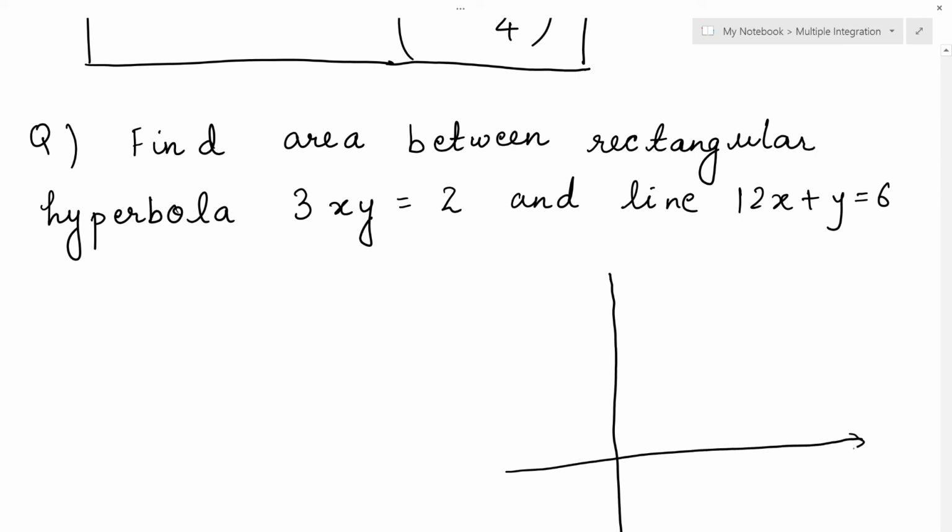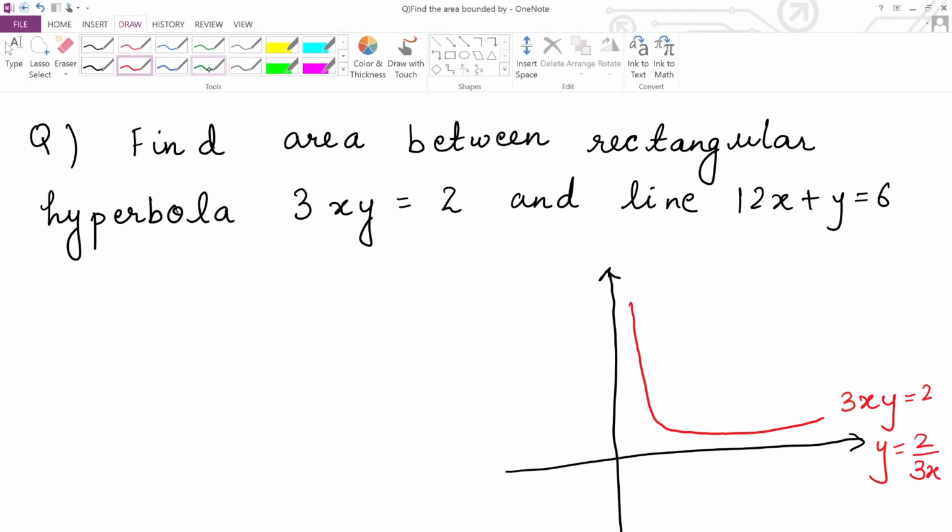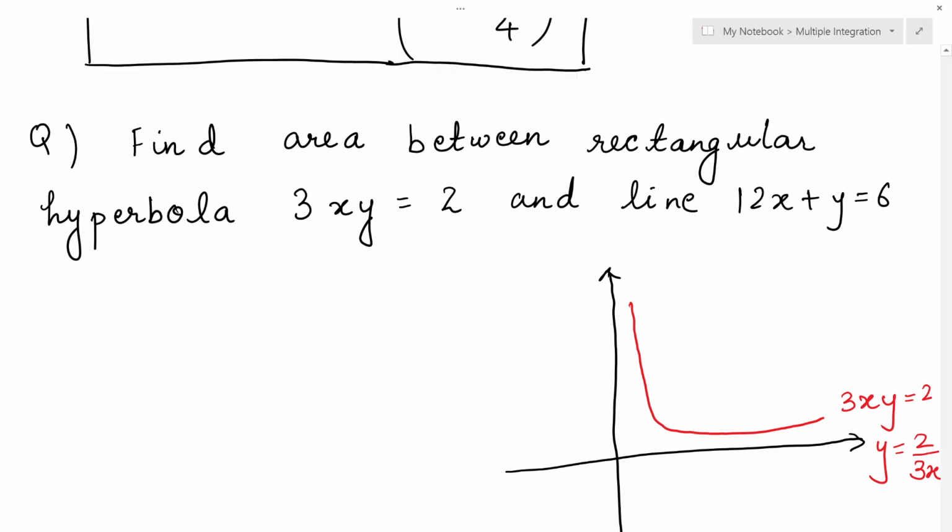So this will be your x-axis, y-axis. My rectangular hyperbola will be somewhere like this. So this is my 3xy is equal to 2, the red line. Anyway I'm going to take the strip parallel to y-axis, and if I plot my line, so again plot points, the line will be somewhere like this.